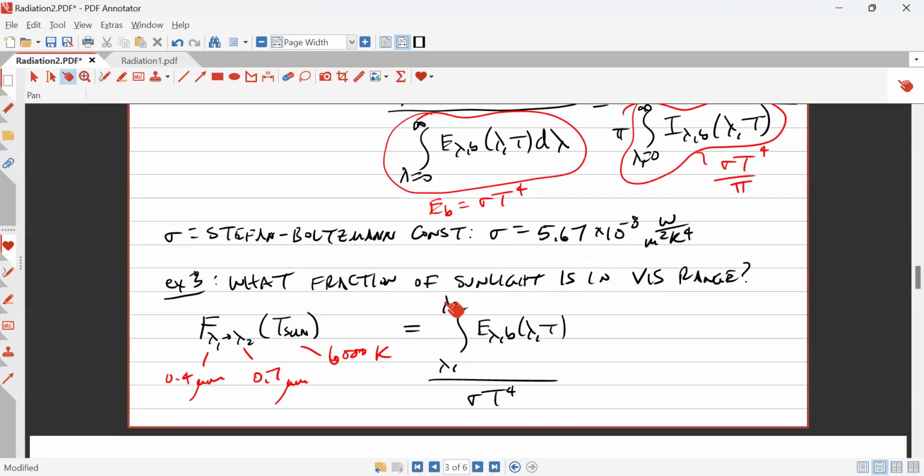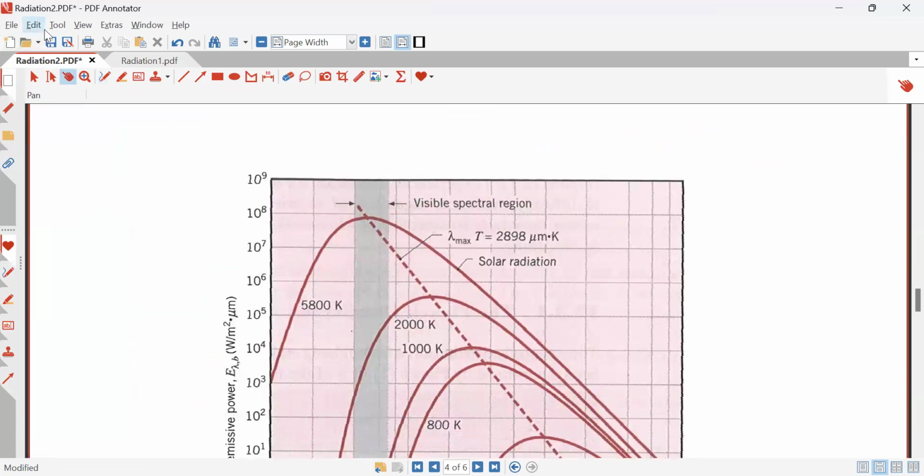Okay, we don't have a direct way to get this with the band fractions, but I hope you can see that since we're just integrating a band, this is the same thing as integrating from 0 to lambda 2 minus the integral from 0 to lambda 1. And again, we're going to take it over sigma t to the fourth. Go ahead and insert a page here.